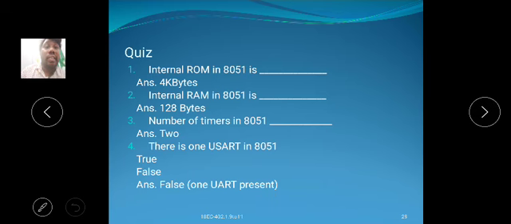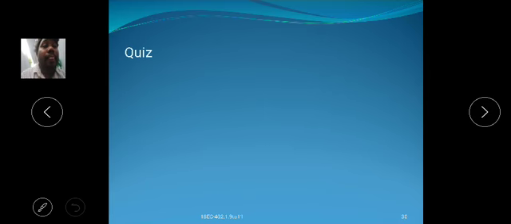Here the option is correct: only the UART, universal asynchronous receiver and transmitter, is present, but here they are giving universal synchronous asynchronous receiver transmitter. That means here you only have the universal asynchronous receiver and transmitter.